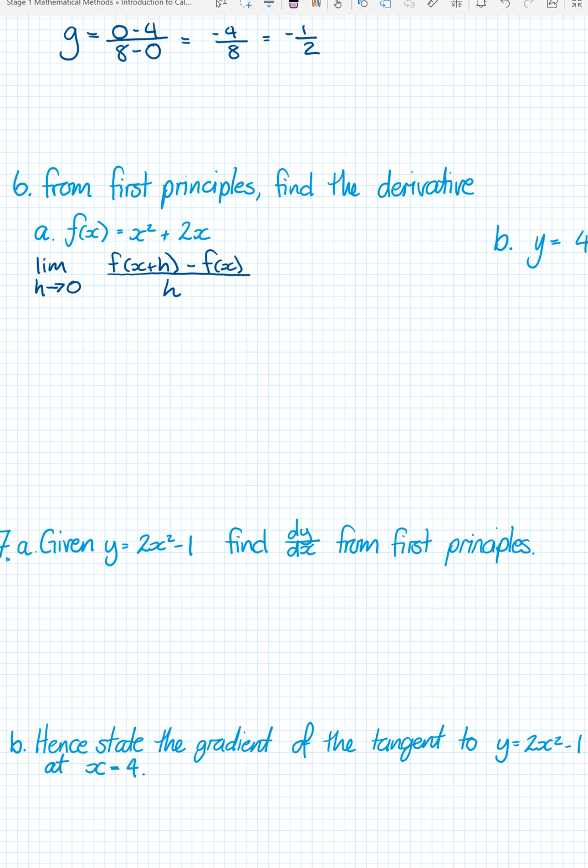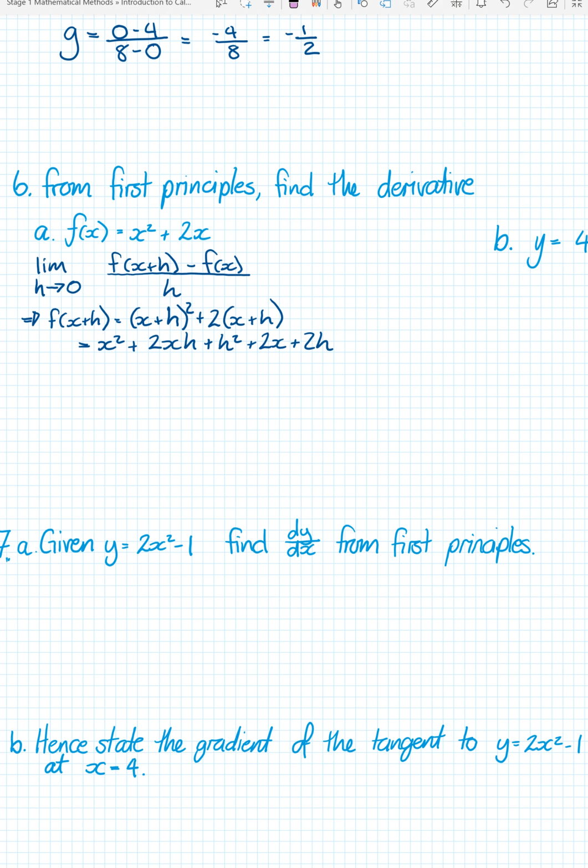So what we need to do first is establish what is the function of x plus h. So we'll have (x plus h) all squared plus 2 times (x plus h). Expanding that out, we have x squared plus 2xh plus h squared plus 2x plus 2h.